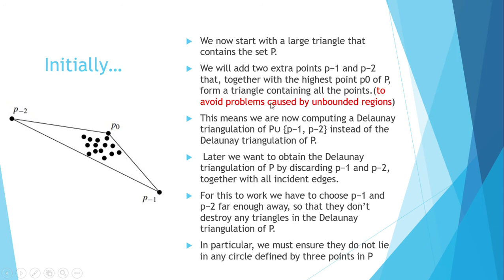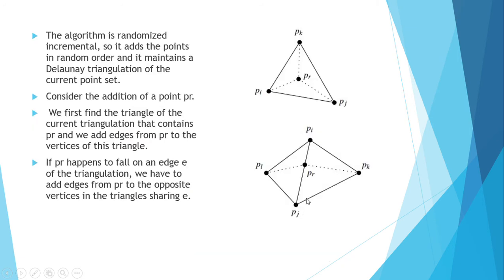To avoid problems caused by unbounded regions, we are drawing this big triangle. This means that we are computing the Delaunay triangulation with these two extra points. Later, after all the algorithm is applied, we remove the edges from these two points, and what we get is the original triangulation of P.